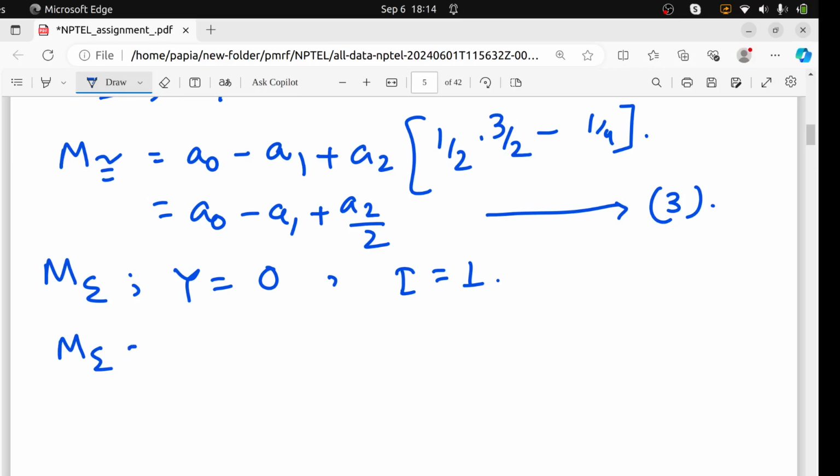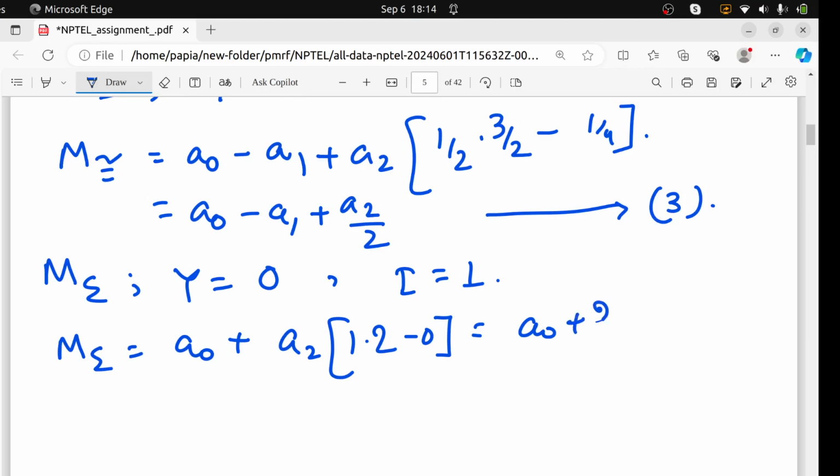So m sigma will be a0. Now see, a1 into y, y equals 0, so there will be no contribution from a1. So there will be simply a contribution from a2. So a0 plus a2 into 1 into 2 minus 0. So it will be a0 plus 2a2. So this is equation number 4.